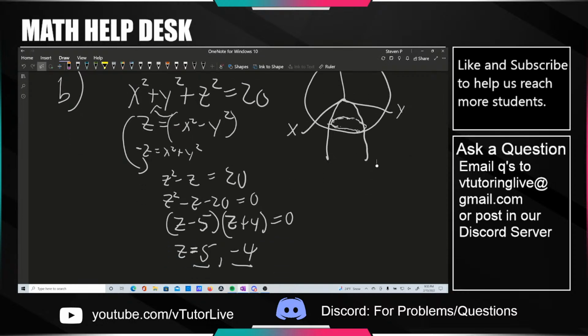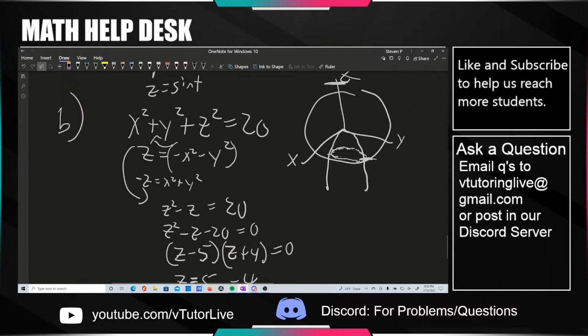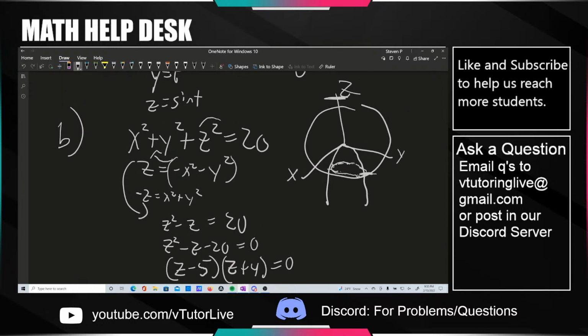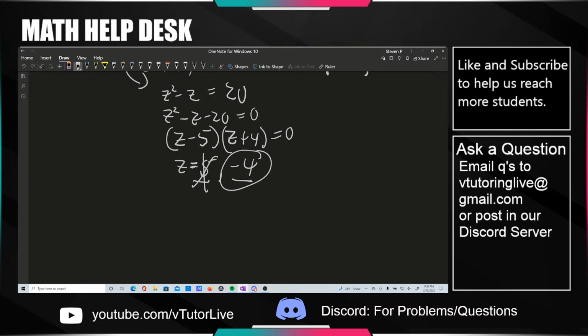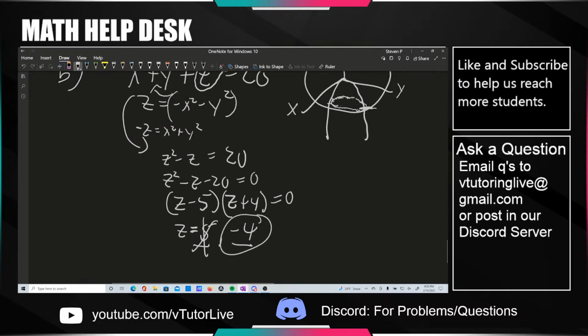But z is equal to minus 4 describes this perfectly, right? And looking at it equation-wise, if you tried to plug in z is equal to 5 here, you would get 25 plus x squared plus y squared is equal to 20, which clearly has no real solution, right? Because 25 is already greater than 20, and x squared plus y squared have to be non-negative. So this means that 5 is no good, and z is equal to minus 4 is the only good solution.